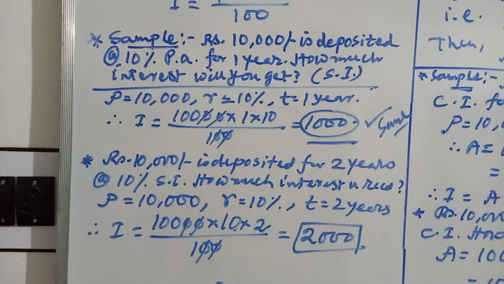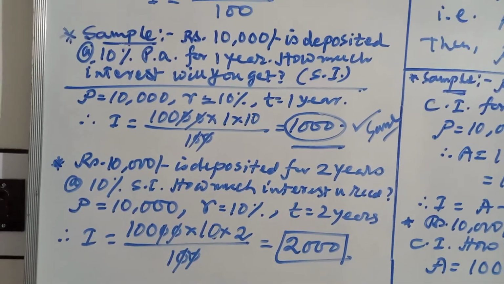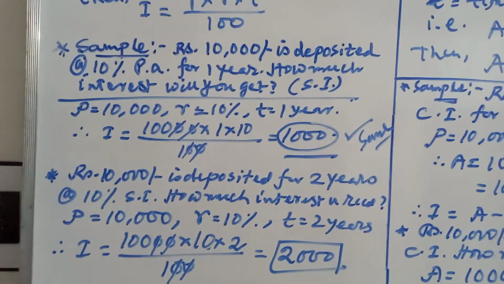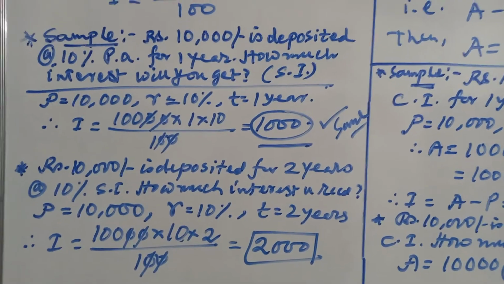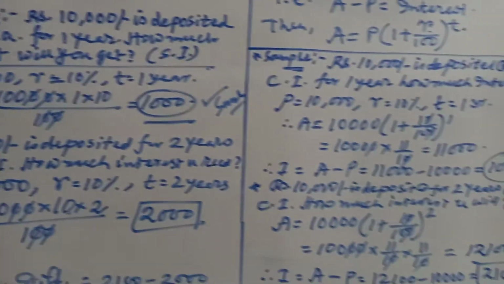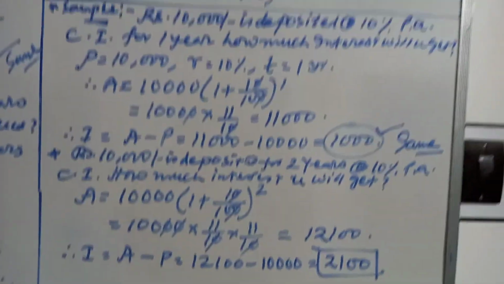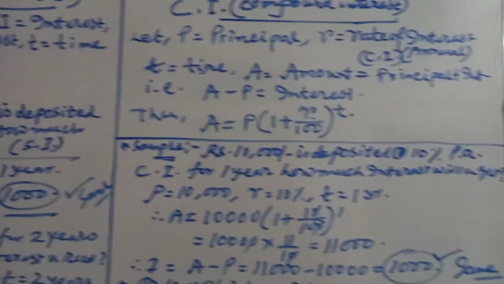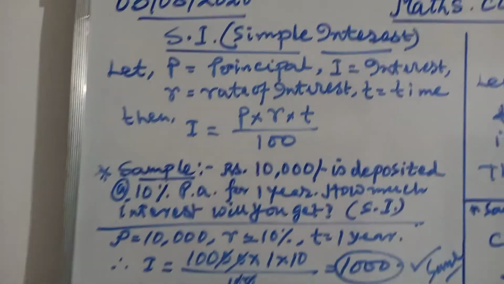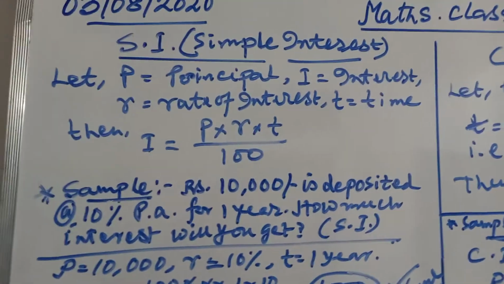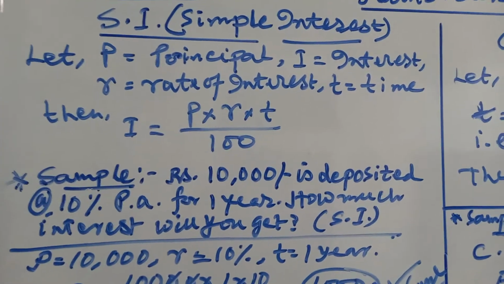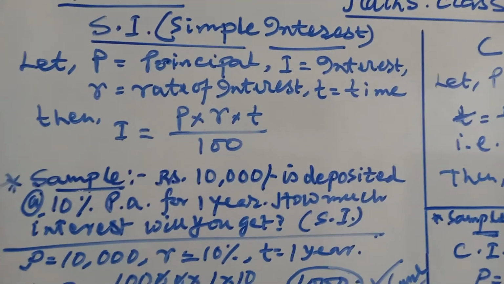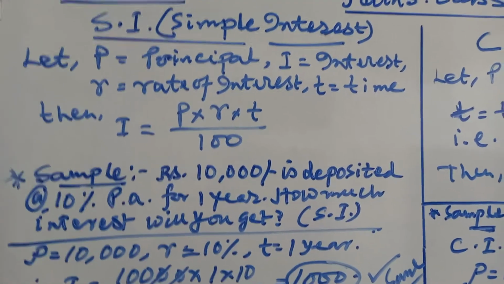So you should always deposit, or you will always save your savings at CI, that means compound interest, as because you will get more benefit or more interest. But when you are taking a loan from bank or any financial institution, then you should always opt for SI or simple interest, as because you are paying less interest in case of SI rather than CI.